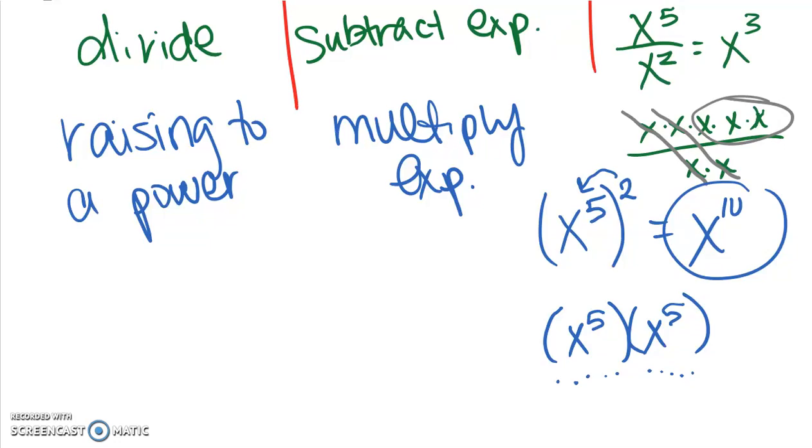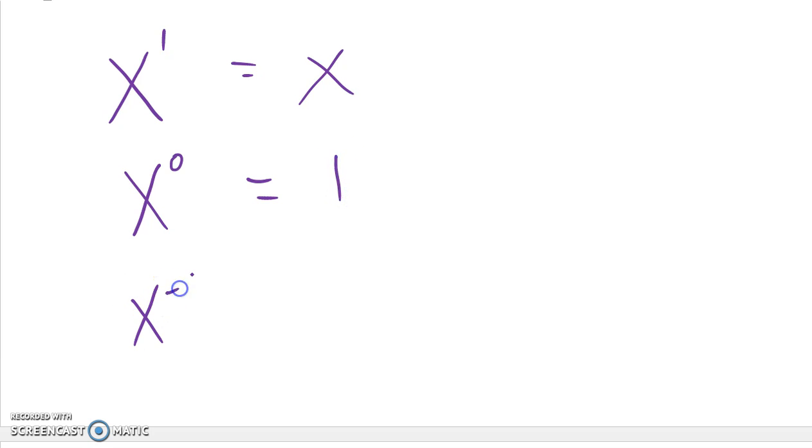Those are some basic operations. What else do you need to know? You need to know if you end up with something to the first power, that's the same as just the variable, so you don't have to include that 1. If you have something to the 0 power, that equals 1. And if you have something to the negative 1 power, that means 1 over x.